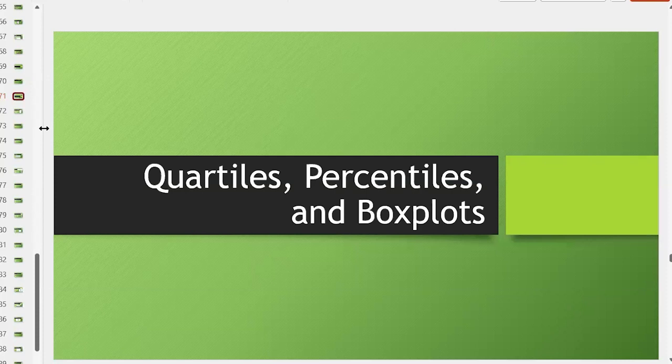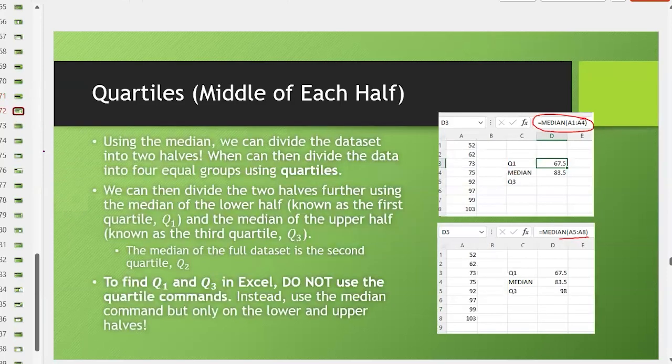We can then discuss other points that aren't just the midpoint, right? So for example, remember the median is the middle of the data set. It's the data value that's in the middle, okay? It marks the 50% point for the data.